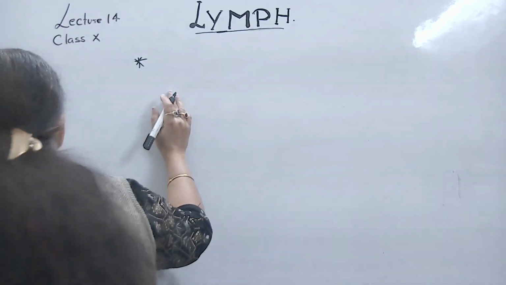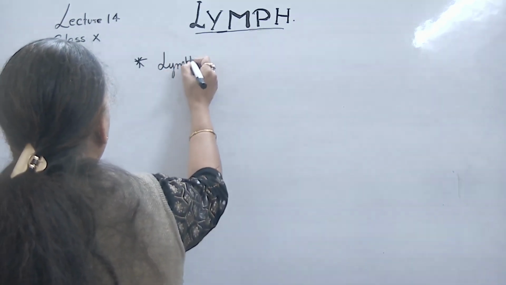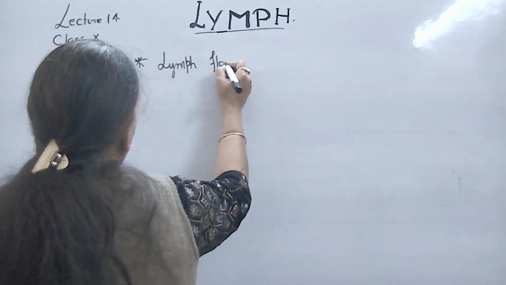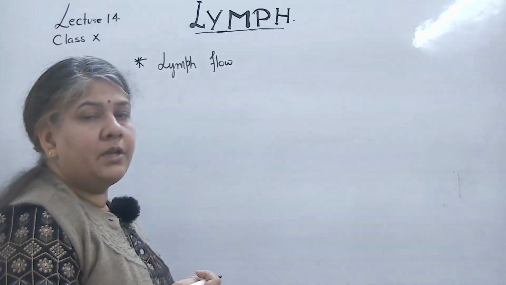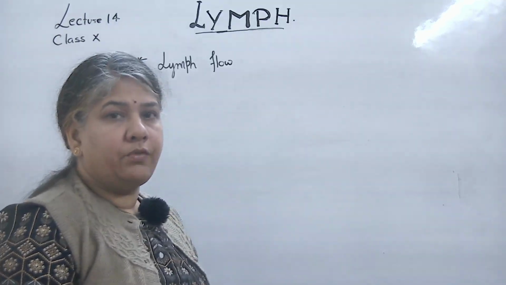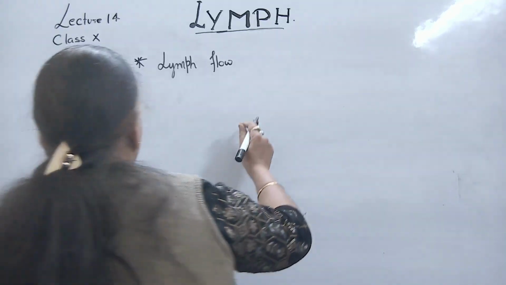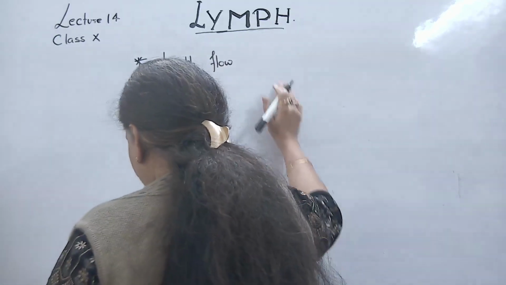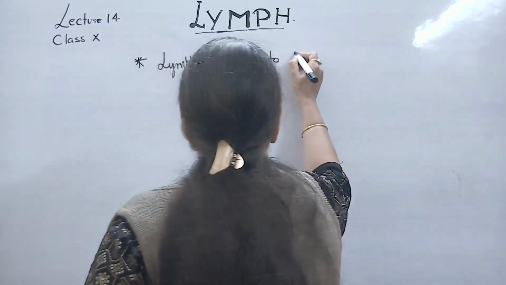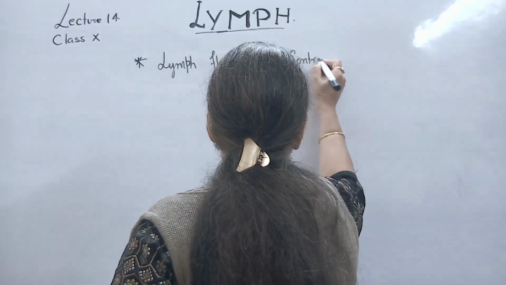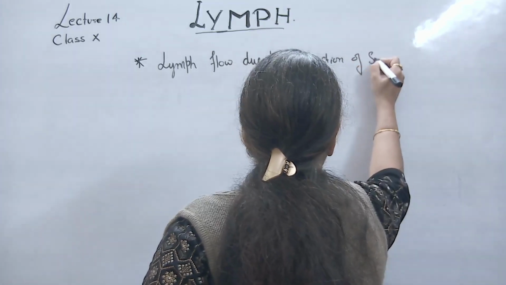Lymph flows due to contraction of surrounding muscles. The flow of blood is due to the pumping action of the heart, but here it is flowing due to muscular contraction.